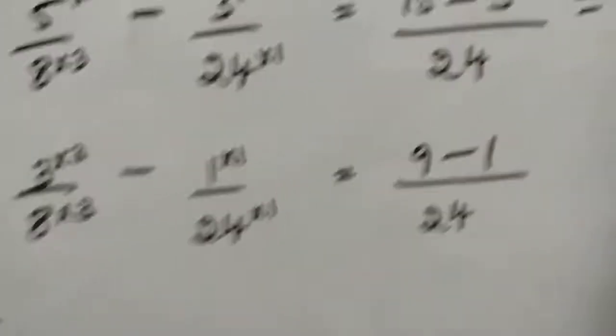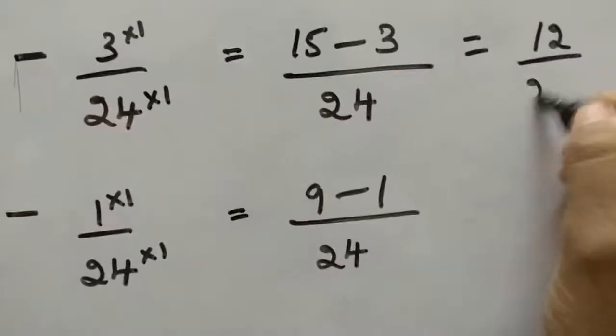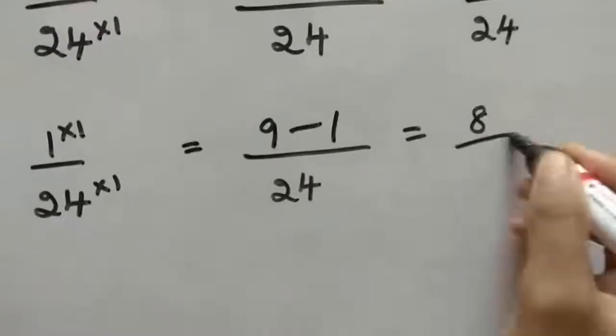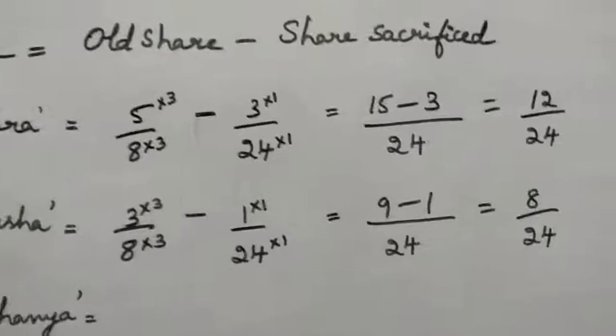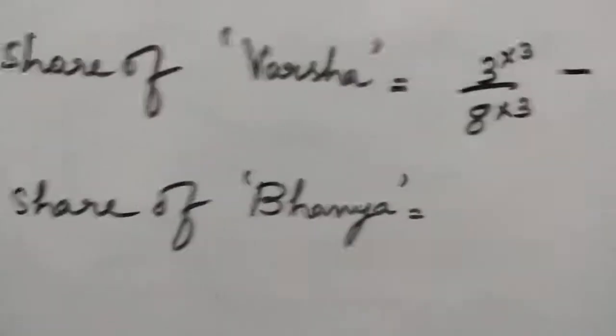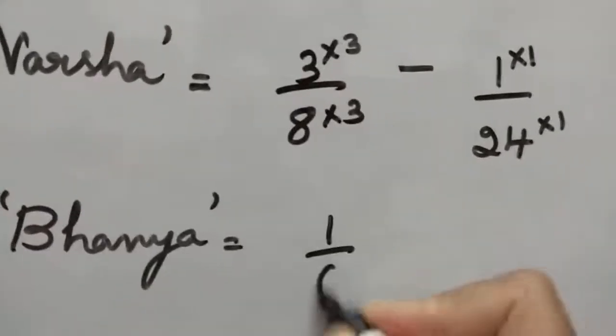So we get 15 minus 3 is 12 by 24. 9 minus 1 is 8 by 24, which we found. So 12 by 24 and 8 by 24 for the old partners. Now going for the new partner Bhavya, the share given to Bhavya, observe in the question, is 1/6 share. So using this we need to find out 1/6.